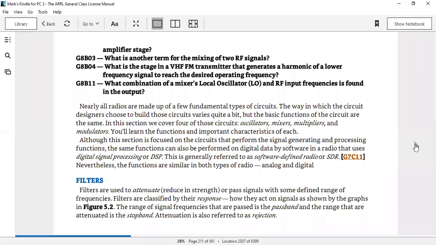At what stage does a VHF FM transmitter generate a harmonic of a lower frequency to reach the desired operating frequency? And what is the combination of mixers, local oscillator, and RF input found in the output?